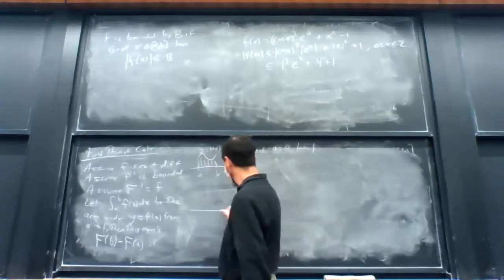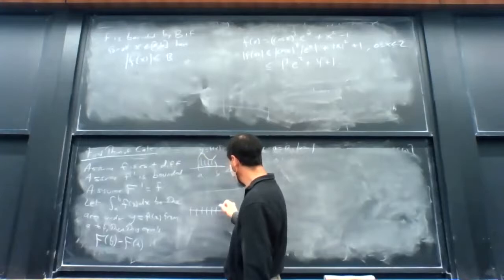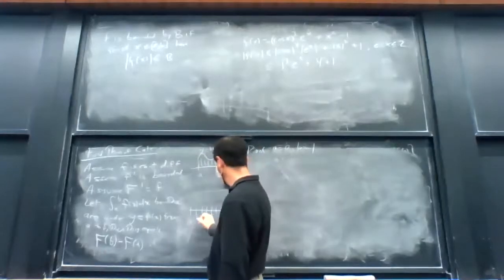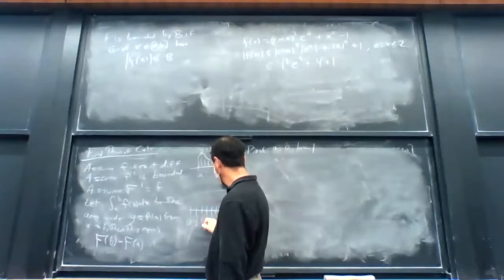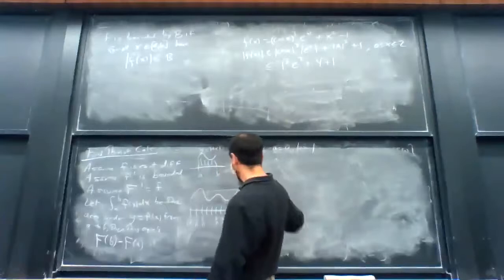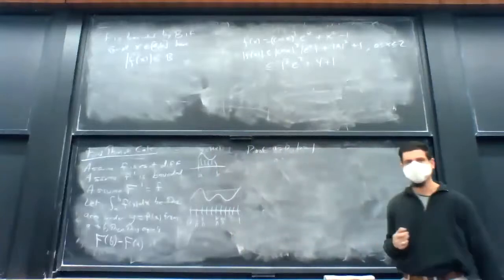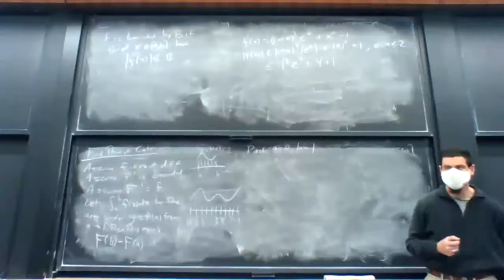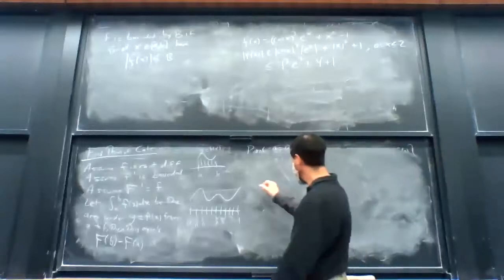And what we're going to do is we're going to chop up the interval. Here's 0, here's 1, 1 over n, 2 over n, k over n, k plus 1 over n. And we're going to chop up our function like this. And we're going to study what goes on in each of these subintervals. And we're going to let n go to infinity.